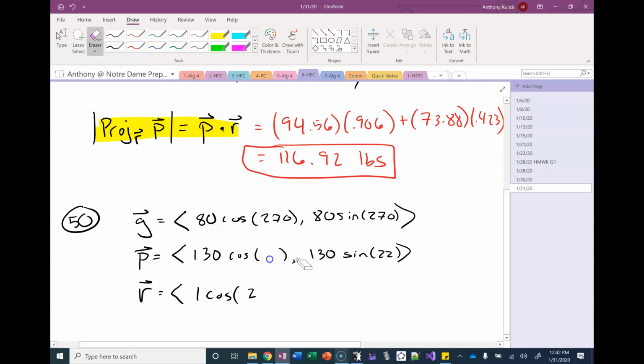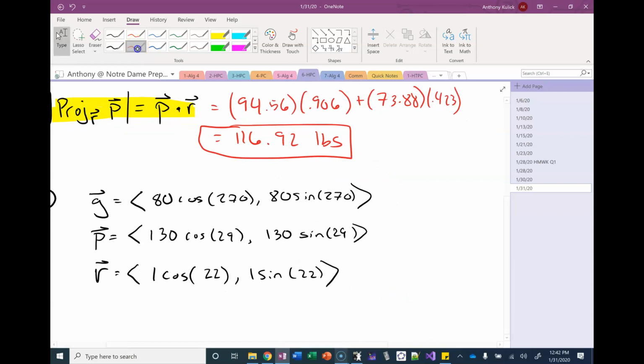Oops, these are supposed to be 29s. I misread that problem. Those are 29s. This is the 22s. Everybody so far so good? Okay. So when I type these into my calculator, the first one is 0, negative 80.